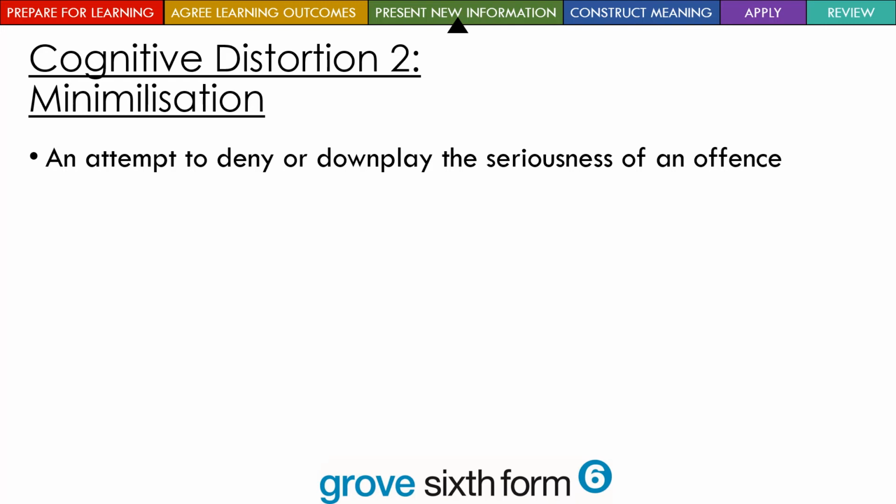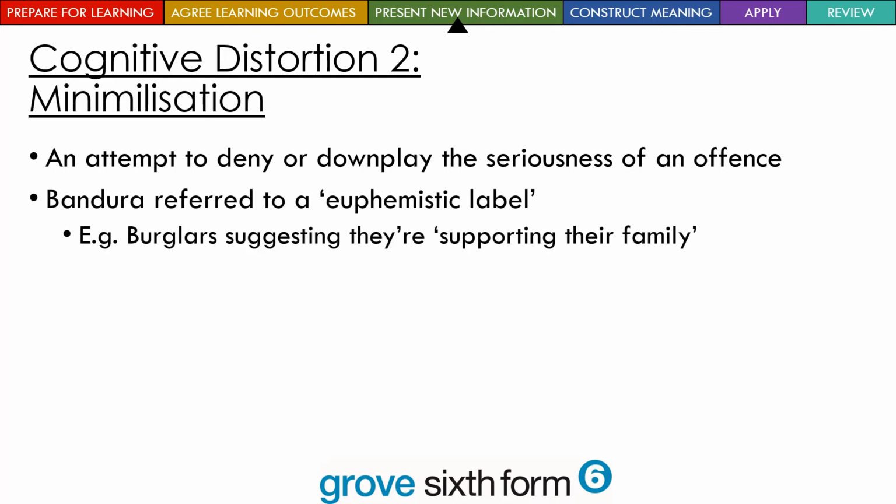that they have done wrong, or the seriousness of what potential harm they've caused is being downplayed and reduced, so it makes them able to process it more successfully. Now, Bandura used a lovely phrase here and referred to this as a euphemistic label.